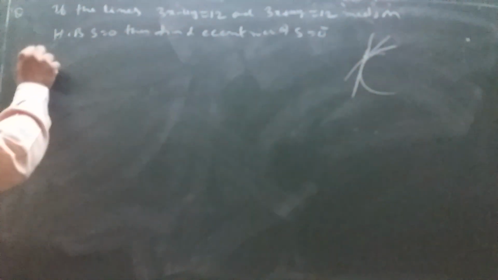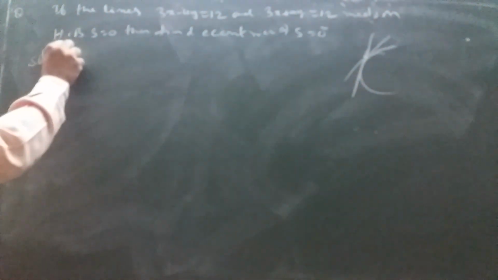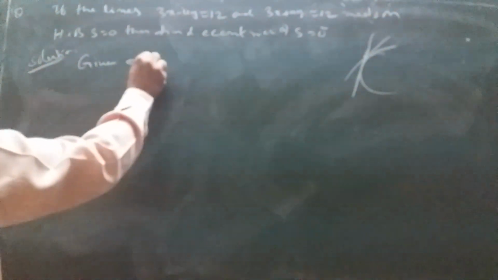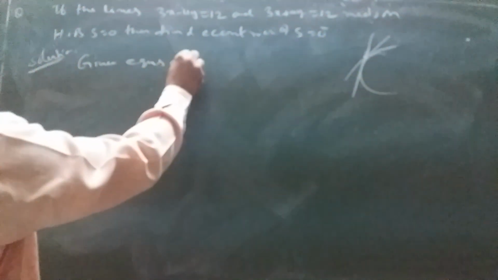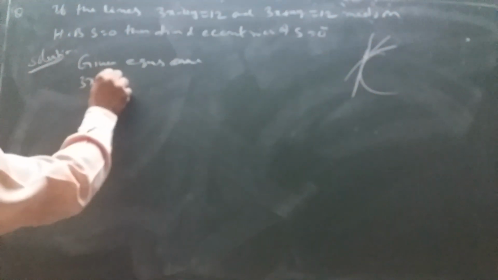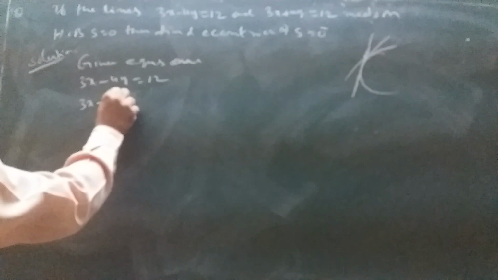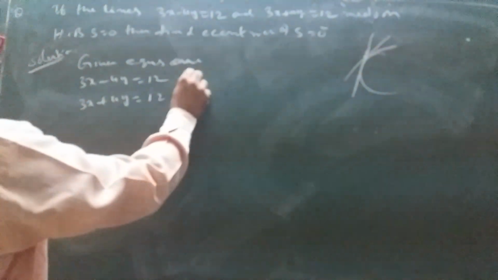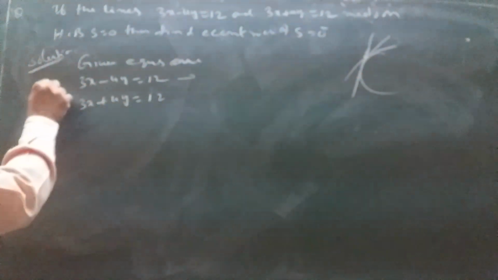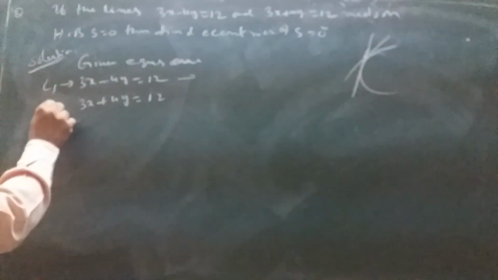So, solution: the given equations are 3x minus 4y is equal to 12 and 3x plus 4y is equal to 12. Say these are L1 and L2, two straight lines.